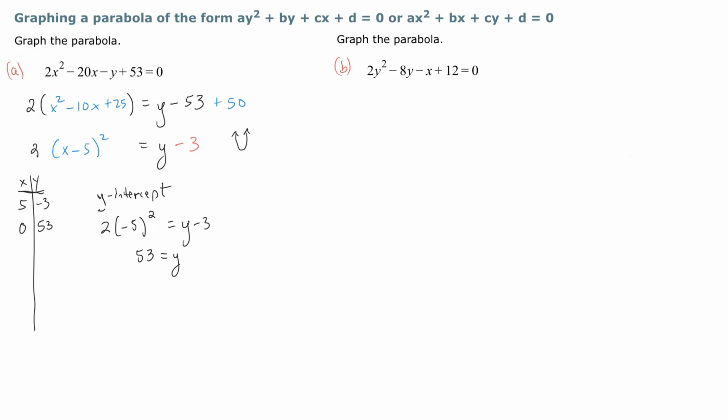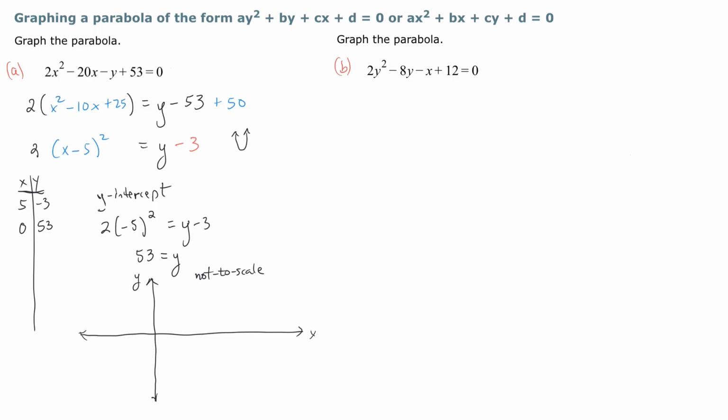And I'm going to draw a rough sketch of this rather quickly. Where's the vertex? 5, negative 3. I'm going to draw a graph that's not to scale. 5, negative 3. 1, 2, 3, 4, 5, negative 3.